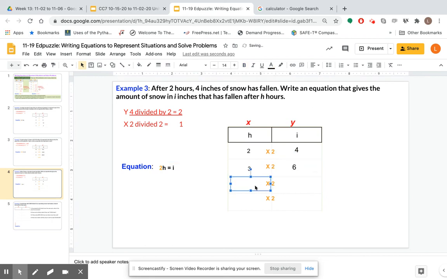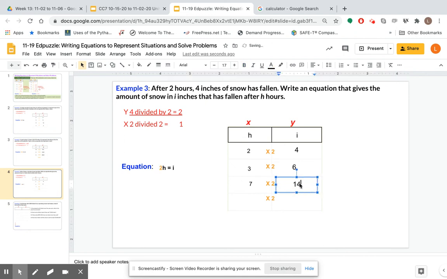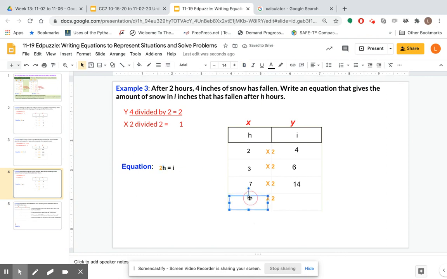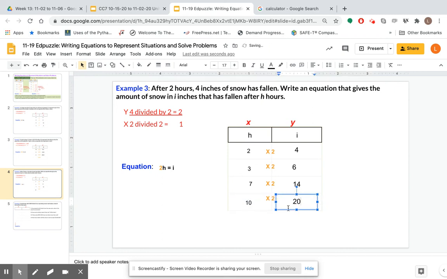If it snowed for 7 hours, that would be 7 times 2, and that would be 14 inches. That's what the equation says. Let's say h was 10. My bad, sorry. If the hours was 10, that would be 10 times 2, and that would be 20 inches of snow.